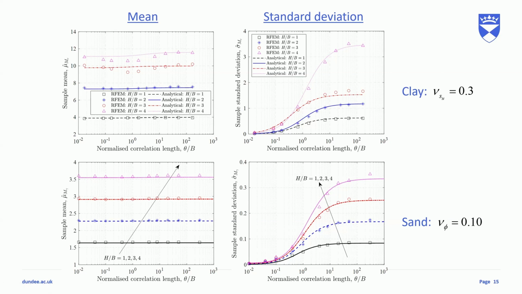Correlation length is a parameter in the correlation function, which is used to measure the correlation structure, how closely the properties at 2 points are related. So the correlation length has a very, very minor effect on the mean value, but for the standard deviation, you can see that when the theta value is very, very small, approaching 0, the sigma of Mc or M gamma also approaches 0, and it also reaches plateaus for different embedments.